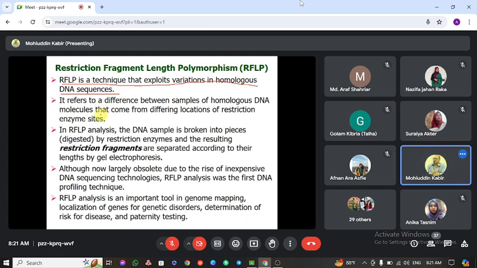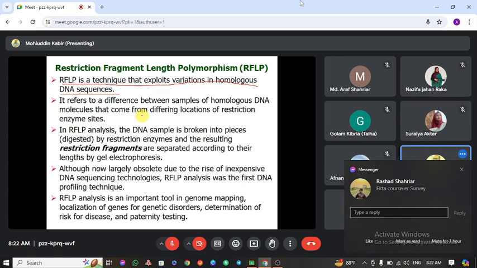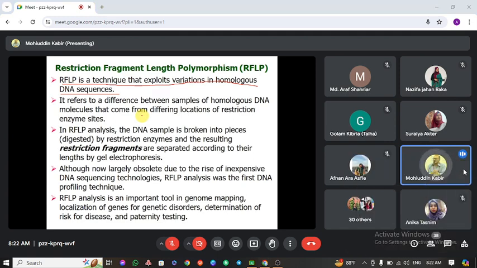What does it mean? It means that we can use this technique to get the different fragments in an unknown genome or in a homologous DNA that come from the different locations of the restriction enzyme sites.